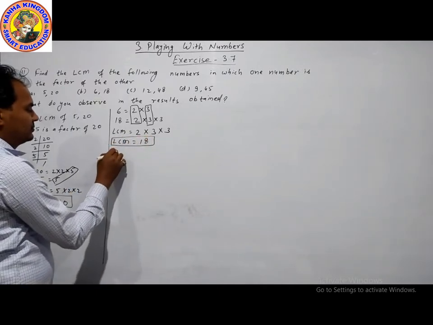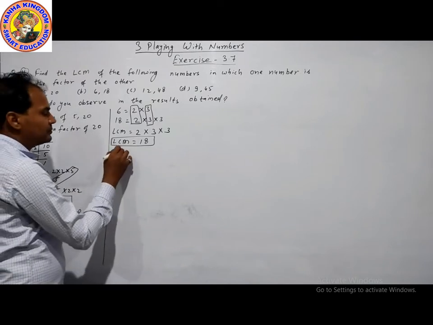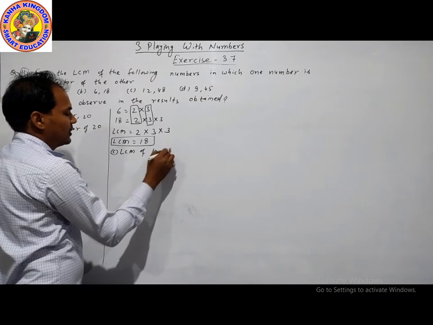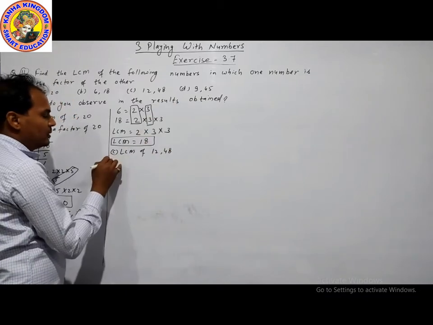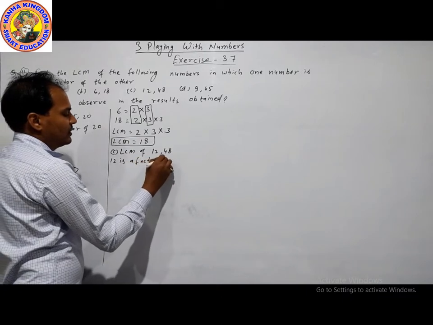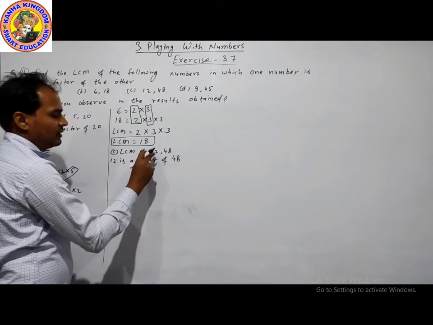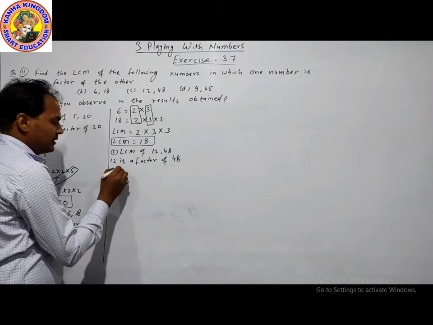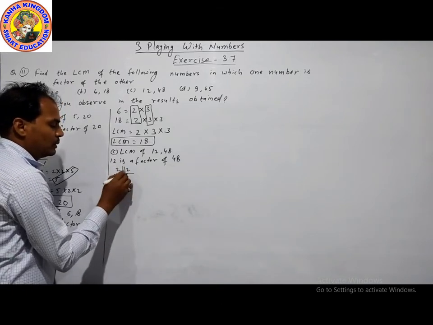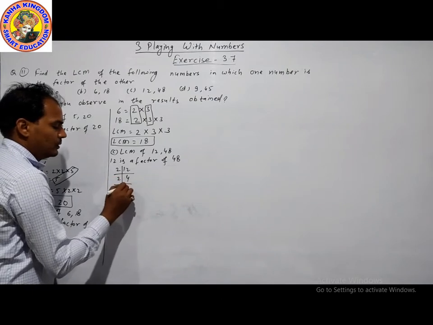Now third one, part C. LCM of 12, 48. First of all, 12 is a factor of 48. 12 can divide 48. Now prime factorization.